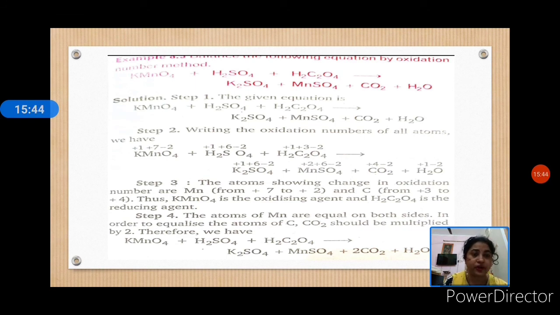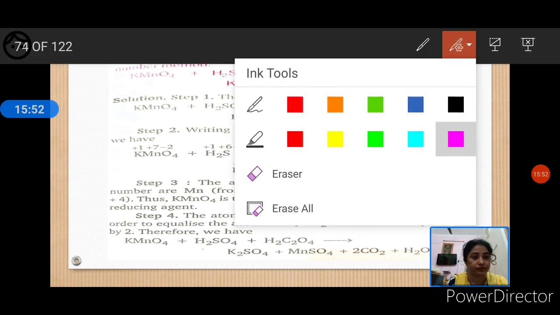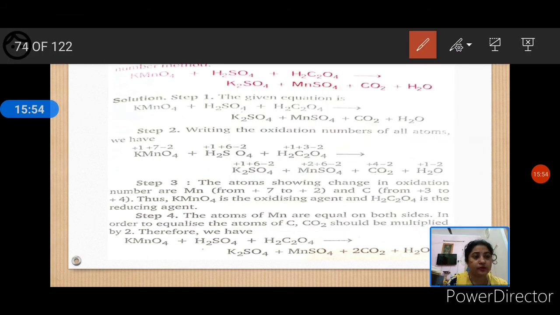In this, the first example which is given is KMnO4 plus H2SO4 plus H2C2O4 gives K2SO4 plus MnSO4 plus CO2 plus H2O.